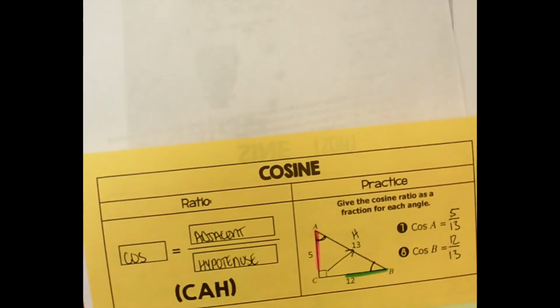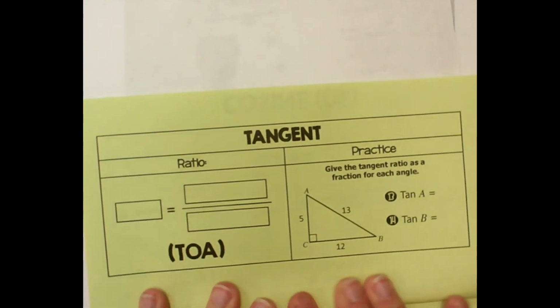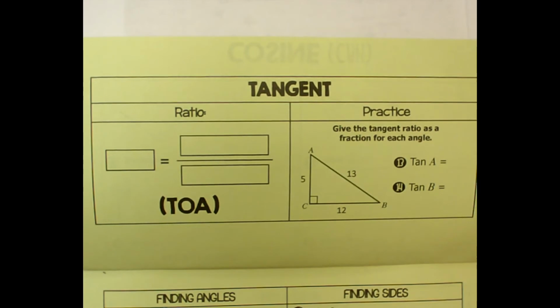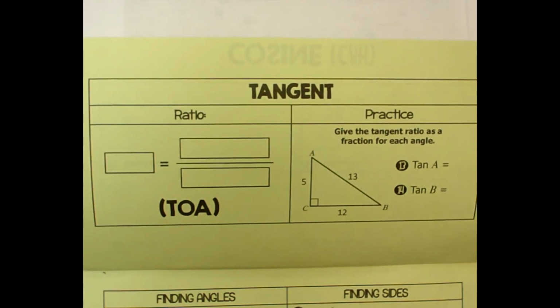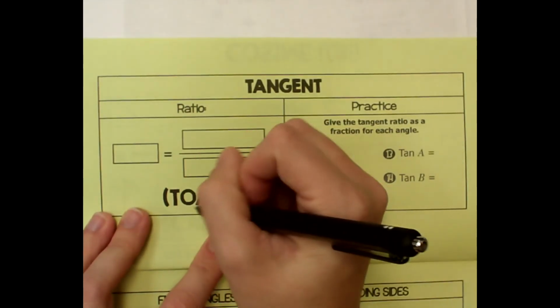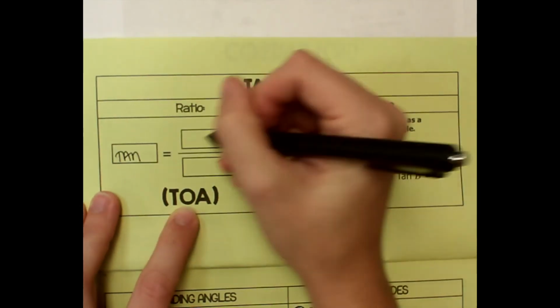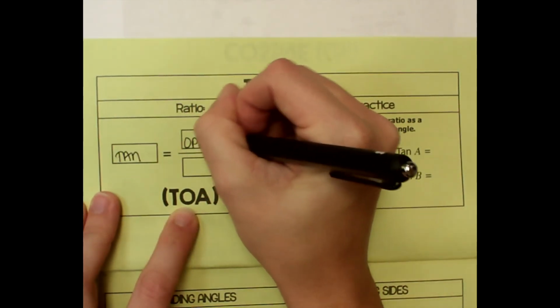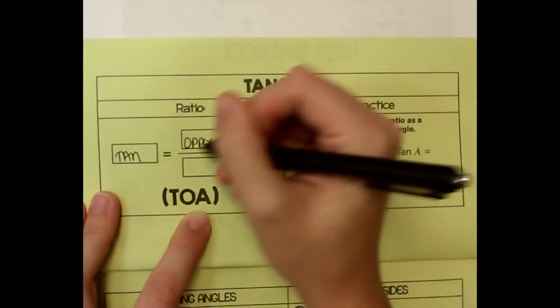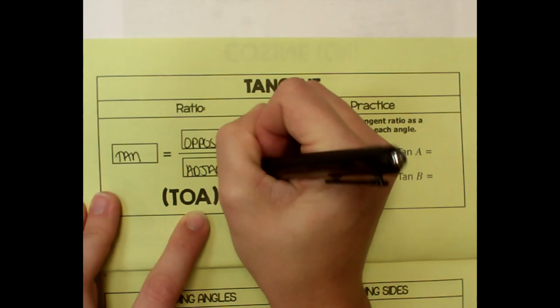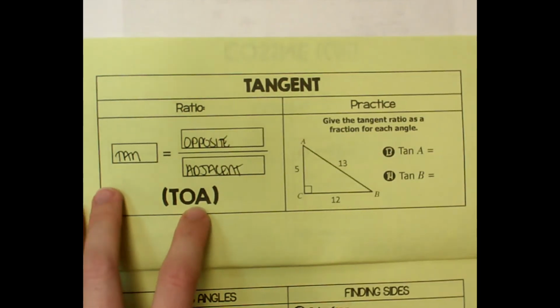Let's flip it up for our last ratio we're going to talk about, which is tangent. Looking at tangent, you can see your cheat is TOA. So you'll have tan is equal to O, which is opposite, over the adjacent, which is A. So now we have opposite over adjacent.